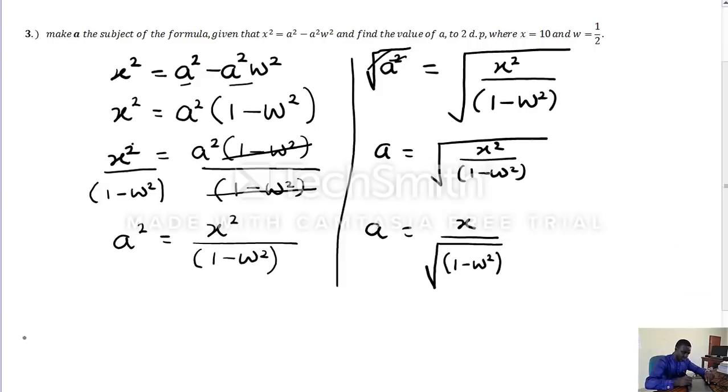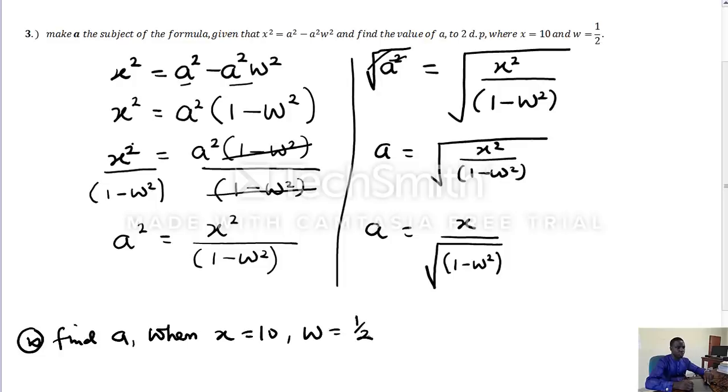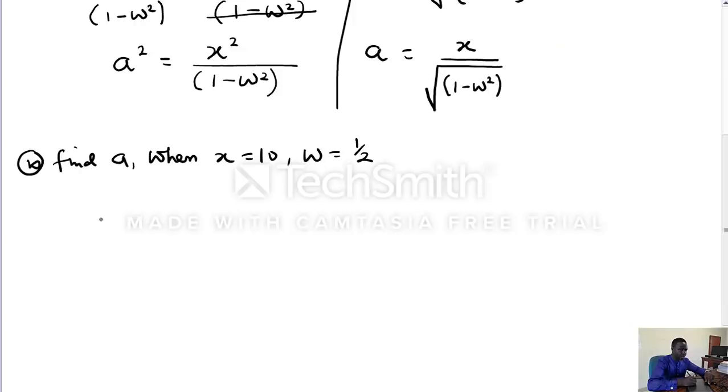So we said B is to find a when x is equal to 10 and w is equal to half. So we got our equation to be a is equal to x divided by square root of bracket 1 minus w squared.